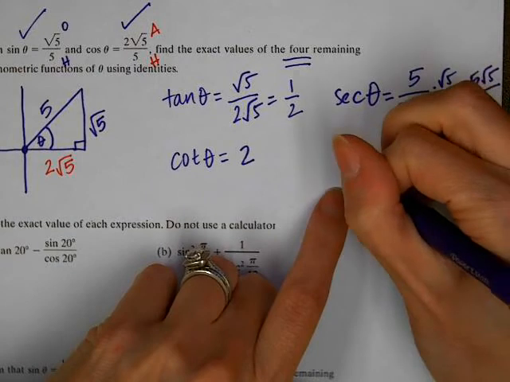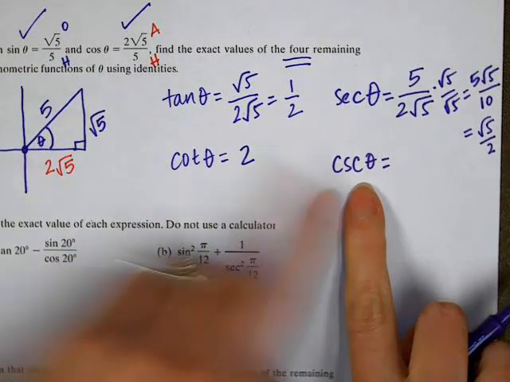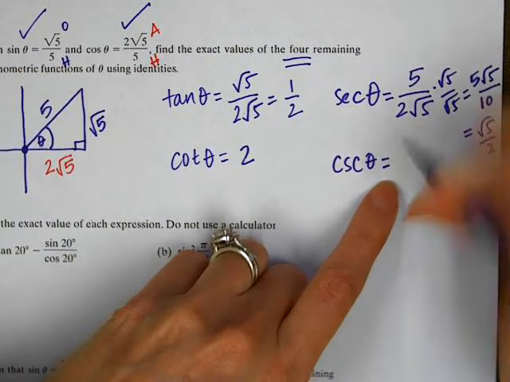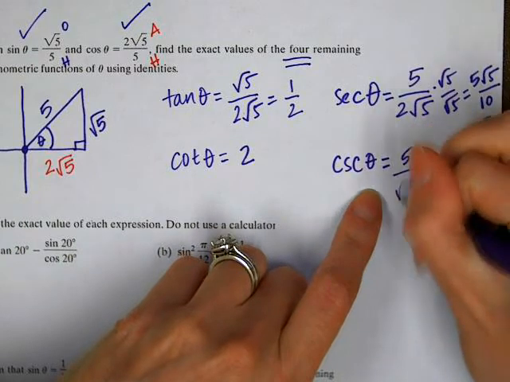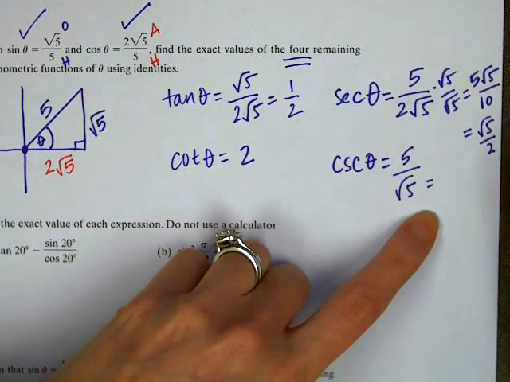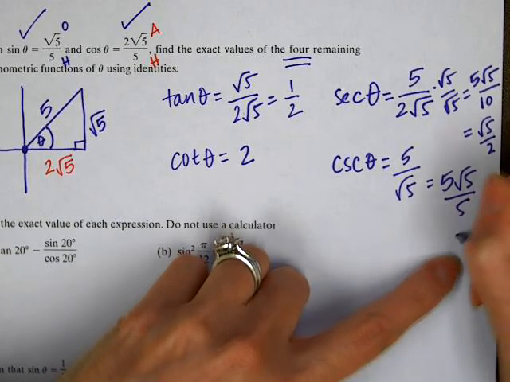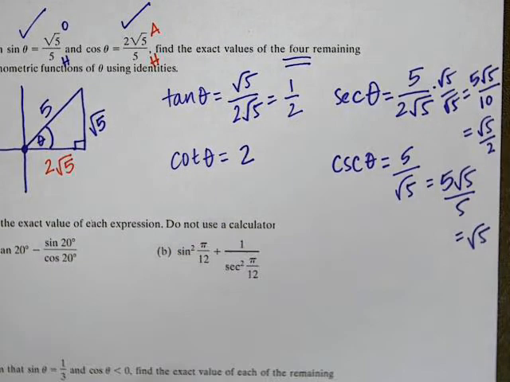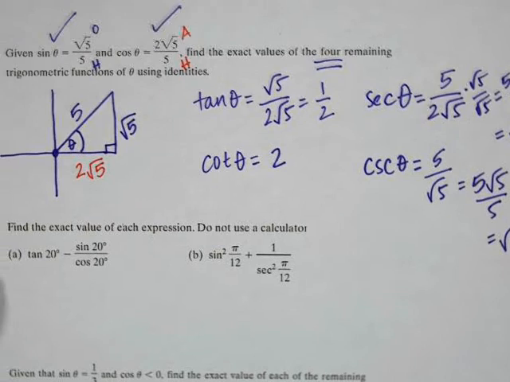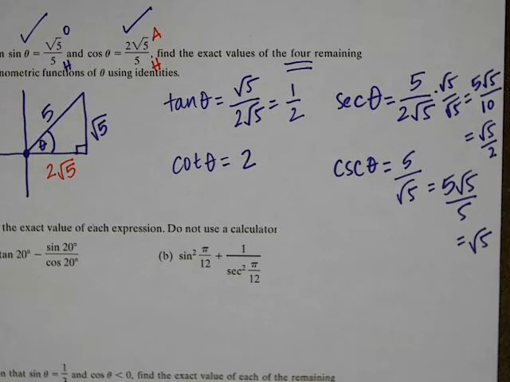And then cosecant is the reciprocal of sine, so that's 5 over root 5, but if we rationalize it, it's 5 root 5 over 5, which is just root 5. And we can talk about rationalizing in class if you guys don't know how to do that. Okay, so not too bad on those.